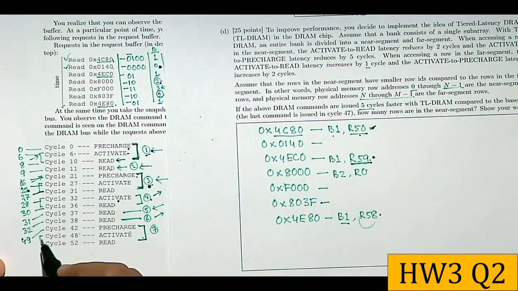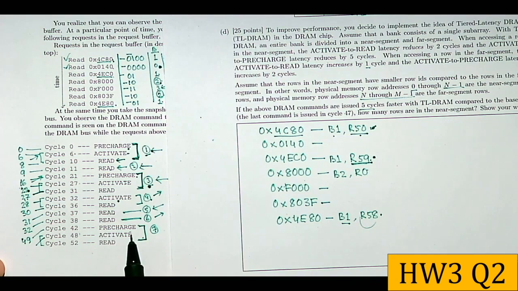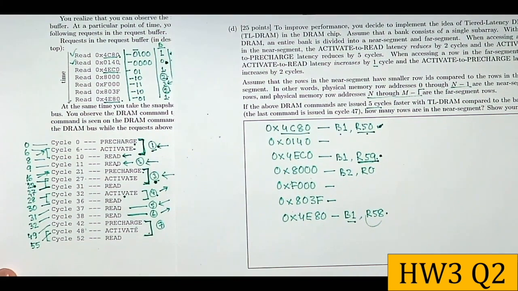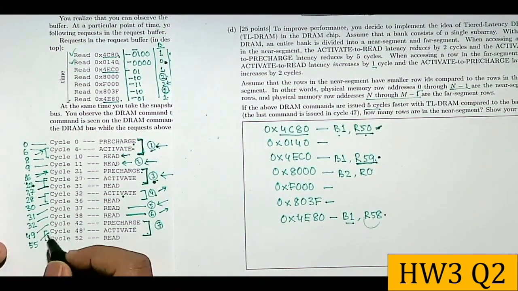Okay. Now let's see. Pre-charge to activate is 6 cycles. Okay. So I'm already passing. Did I do something wrong? Which one? You added 17 to 32, which is not correct. You added your activate to pre-charge latency to... Oh, I'm so sorry.